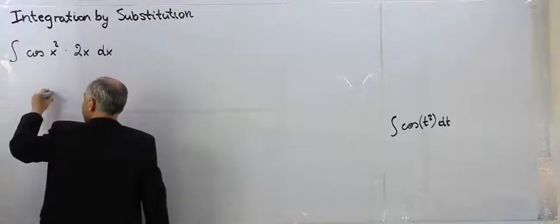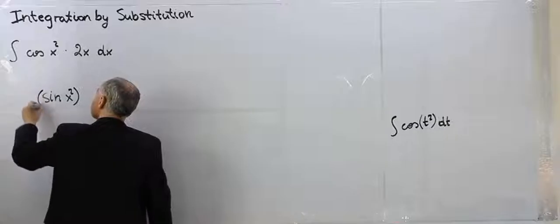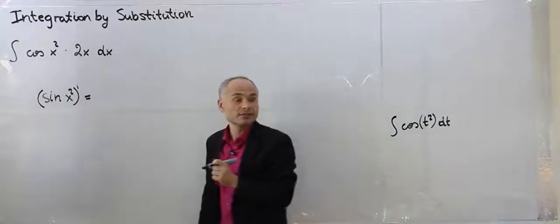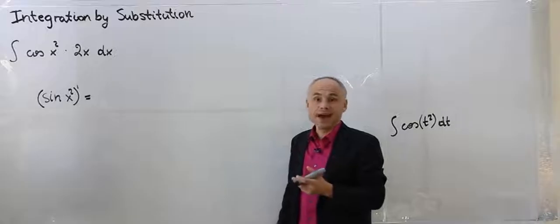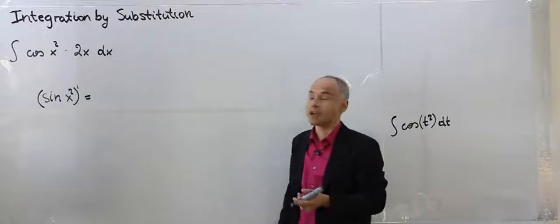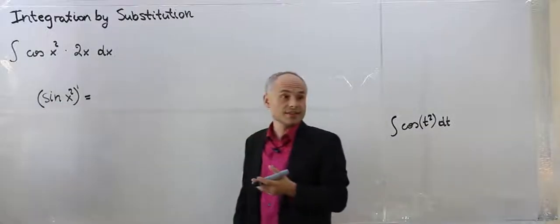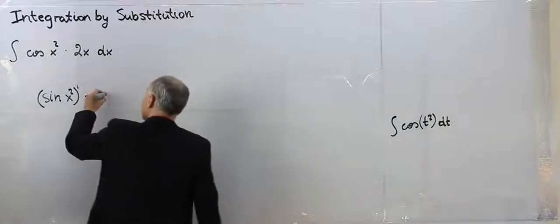So if I were to differentiate sine x squared, how do I differentiate sine x squared? Sine x squared is a composite function, right? The outer function is sine, the inner function is x squared. So I need to apply the chain rule here, and the derivative of sine is, what is it? Cosine of x, right?